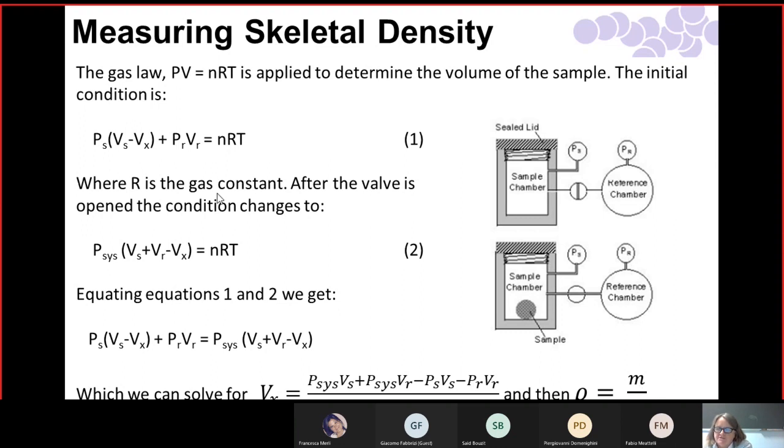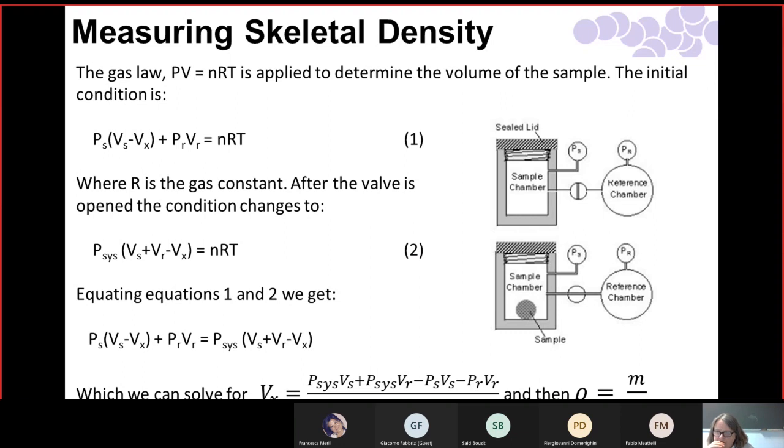And so for silica aerogel, the skeletal density should be around the density of silica itself, which is somewhere around 2 grams per centimeter cubed.